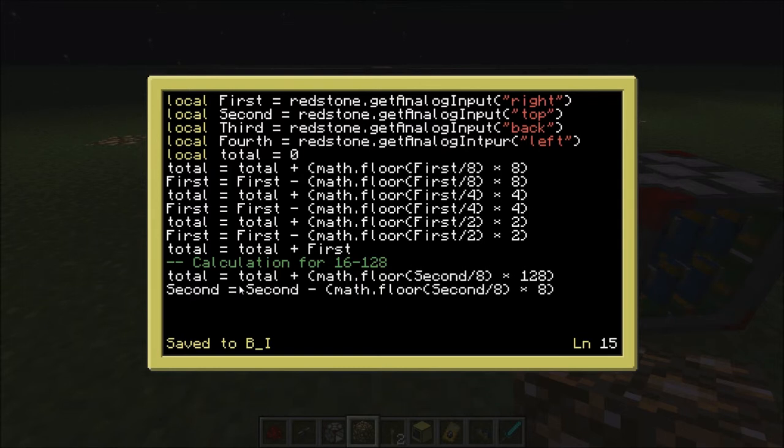So however many 8s you've got within that second 0 to 15 value, take them away. So if there's 0 8s, don't take anything away. If there's 1 8, take it away. And then we're going to do the same for the next value that this is representing.